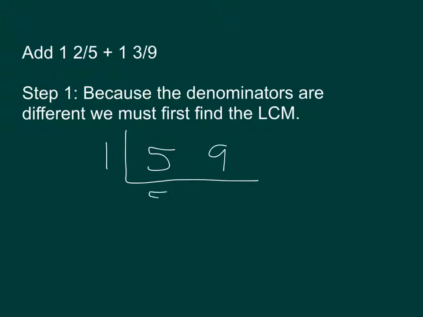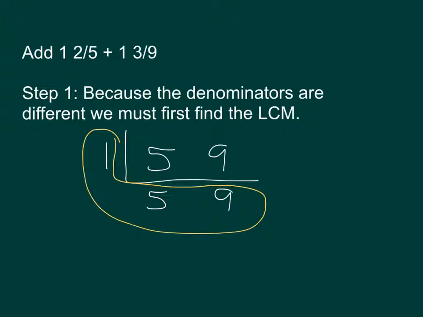So 1 can go into 5 and 1 goes into 9, and just like we do in any other LCM, it forms the L here. We circle all these, so it's 1 times 5 times 9, and that equals 45. So our LCM is 45.